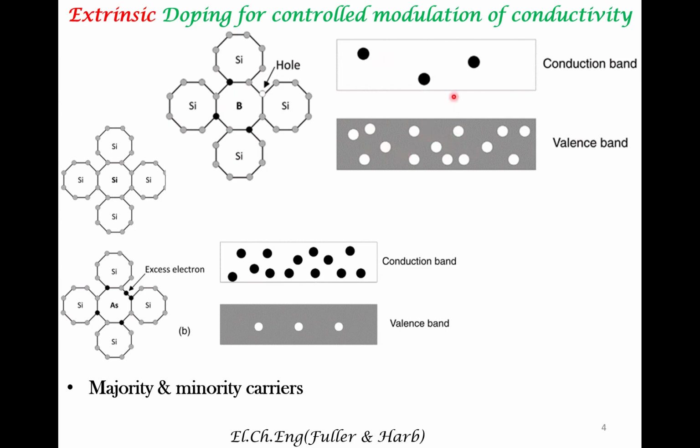So this is a P-type semiconductor. The best way to understand a P-type semiconductor is to contrast with an N-type semiconductor.